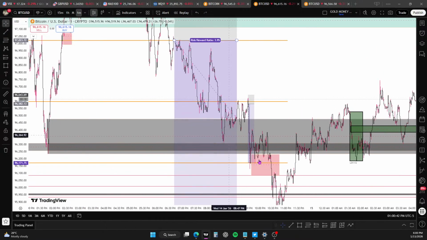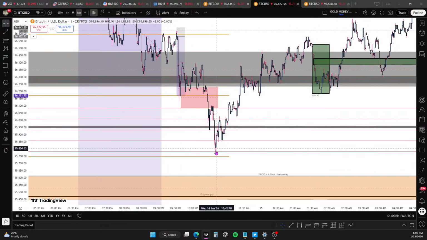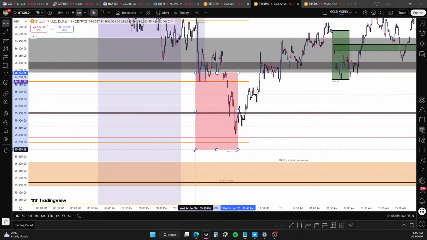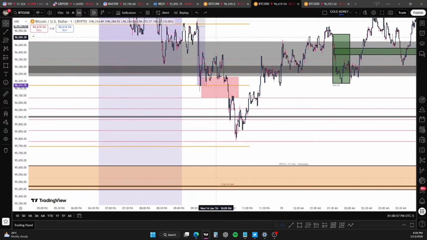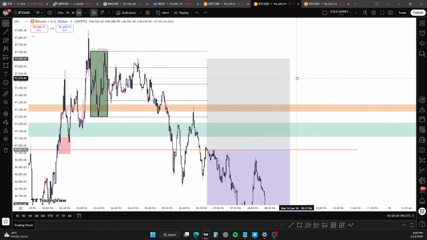This was my target. This trade ran for a while. TP's down here though. See where I got the stop?